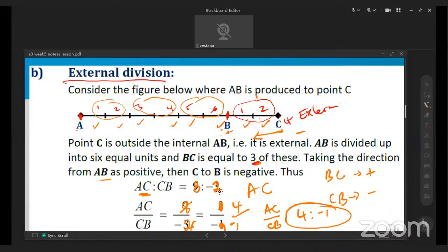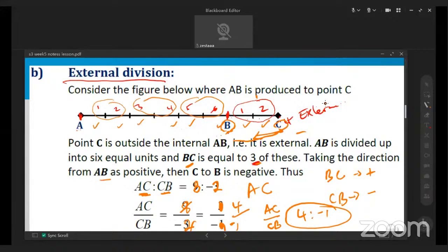No, BC is this one to this one. When you talk about CB, it means you are coming from here to this side. BC is okay. But for CB, you're moving backwards. That's what we mean. You see here, the ratio is C, not B, C. That's why the difference is coming in.